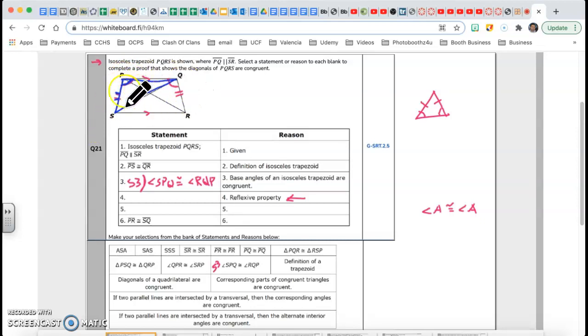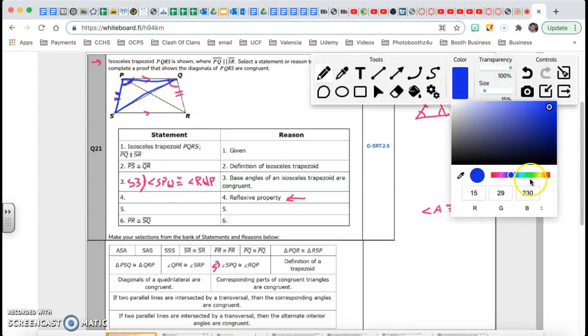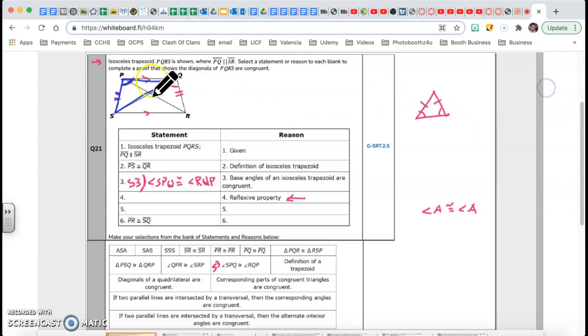I need to prove that, remember, the final answer is PRSQ. They want me to prove that SQ, this diagonal, is congruent to PR. To do that, I can prove two triangles, and let me get the other triangle, I guess, with green.